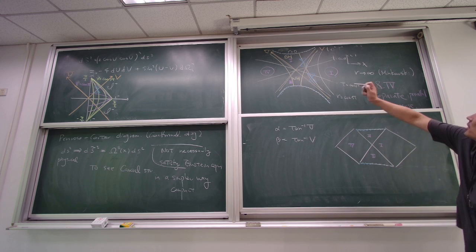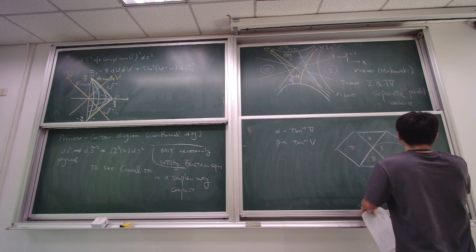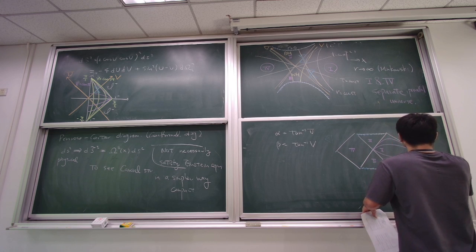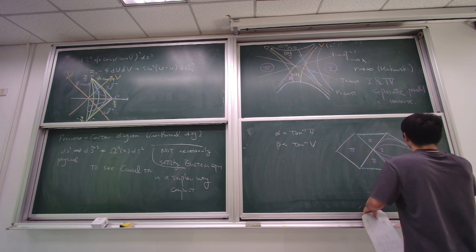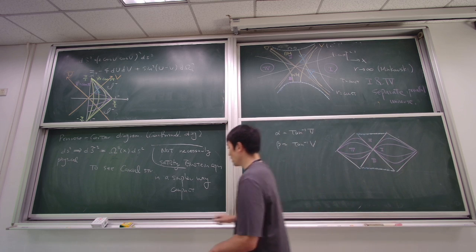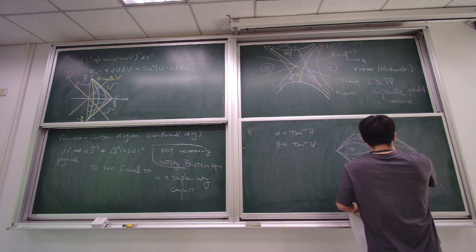So the t constant lines become like this way. These are the t constant lines. And then the r constant lines are something like this way.